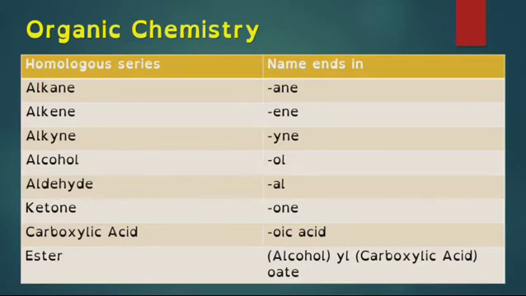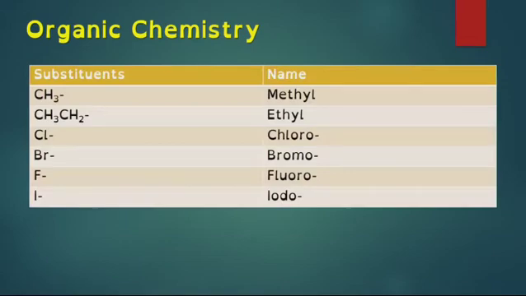Now we have one more thing that we have to add when we name. We have to add our substituents. Now substituents is a very big fancy word for added extras. In grade 12, they can ask you to name a methyl group, so an added extra group with only 1 carbon, or they can ask you to add an ethyl group, so an added extra group that's not part of the longest chain that contains 2 carbons.